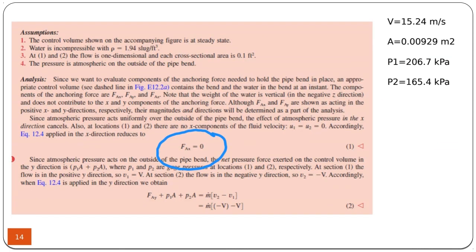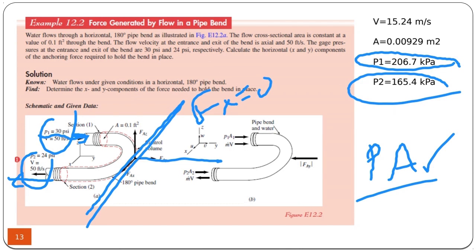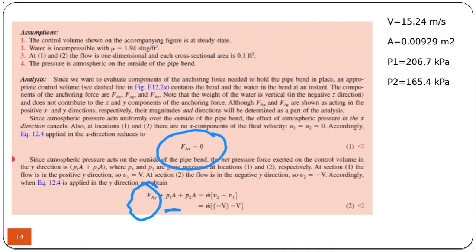When we write this, the first thing to do is to place the reaction force to keep the elbow in place. Then we have a positive pressure force. Why positive? Because it's in the positive direction. The other is also positive.